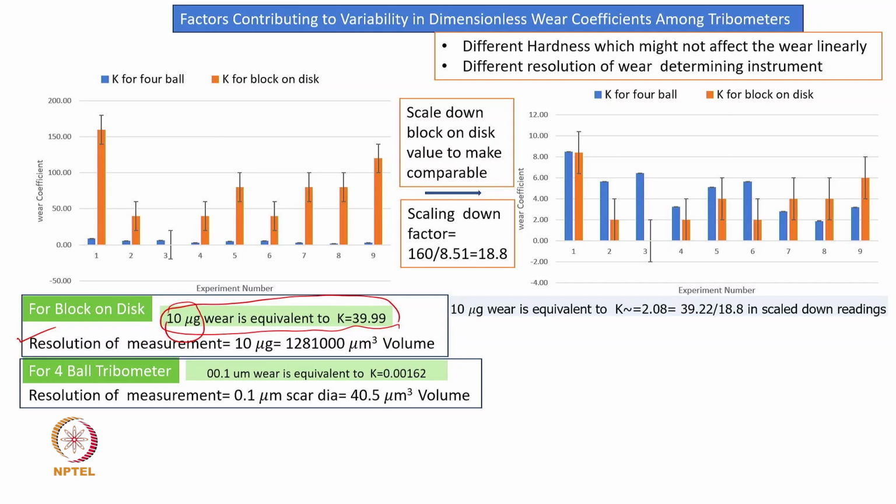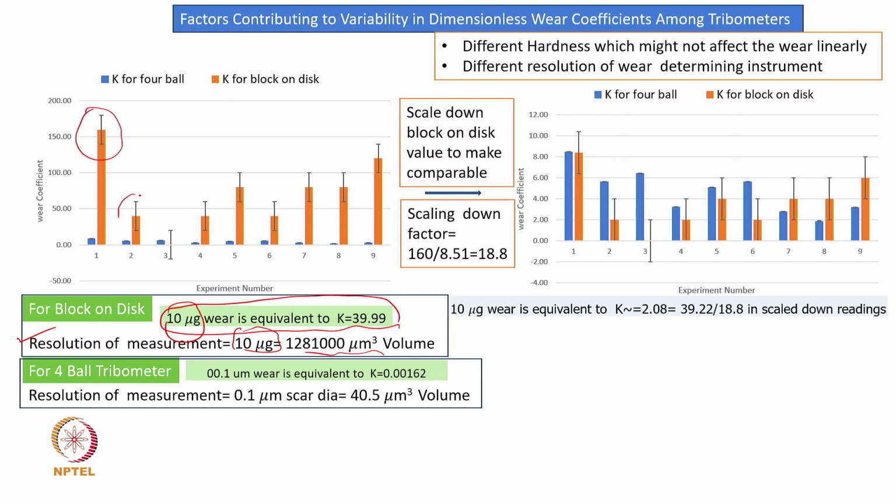The resolution is at 0 microgram, 10 microgram, 20 microgram, 30 microgram, 40 microgram. In between I will not be getting a value, and 10 microgram itself is a huge amount. If there is a variation this much, we are going to get a lot of error, and that has been plotted in this case.